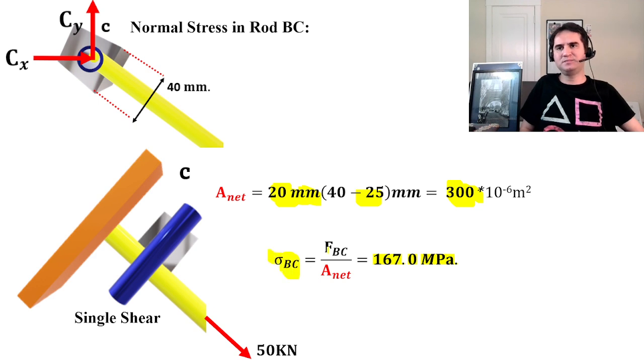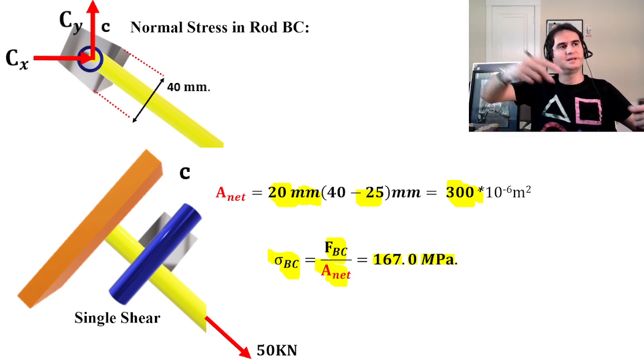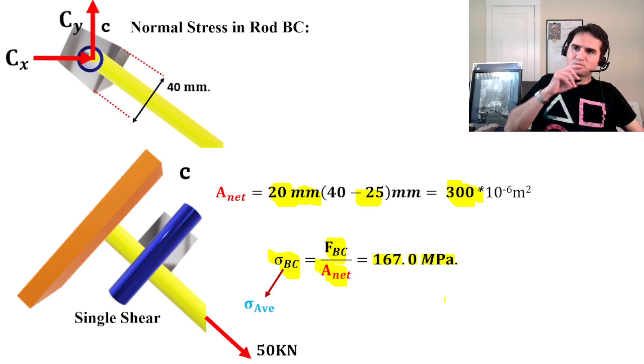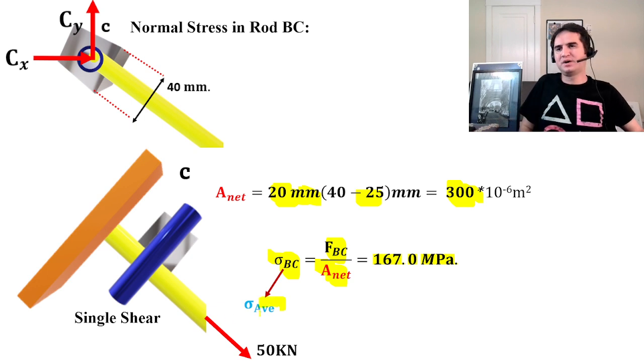And stress in BC is just FBC over this net cross-sectional area. So we have two parts of calculation for normal stress in rod BC: one close to the support and one throughout the entire section of the rod from B to C. This time sigma BC is 167 megapascal, and definitely that's sigma average.